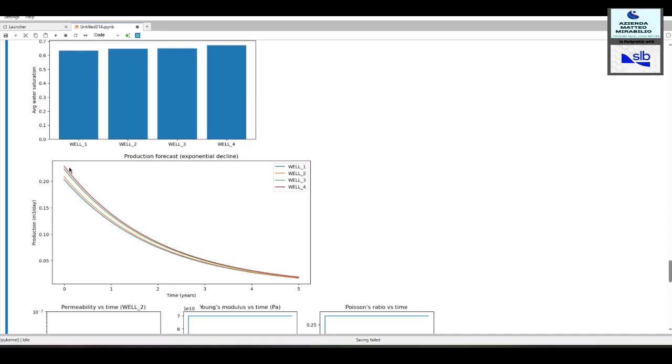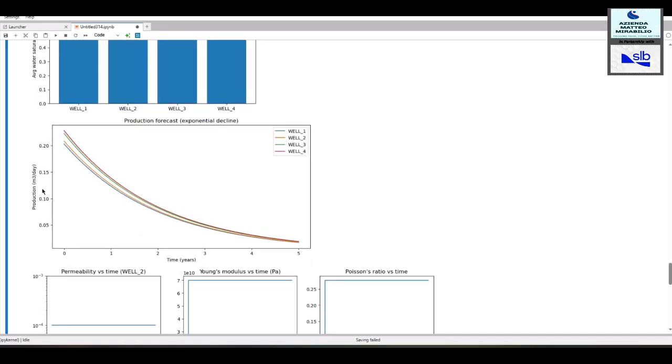The production is estimated in cubic meters per day. So you have a short-term production, because after 5 years we have a decrease and then a constant production.